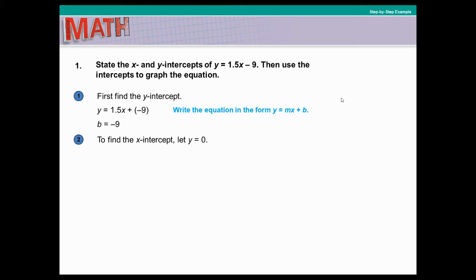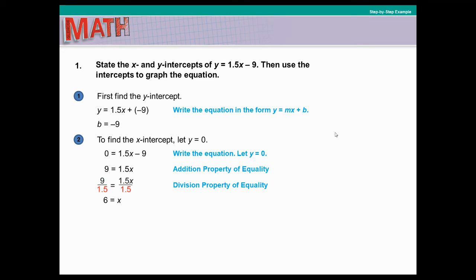Now, to find the x-intercept, again, we said the x-intercept is when y is 0. So take that equation and make it 0 equals 1.5x minus 9. And then solve it algebraically. Add 9 to both sides and divide through by 1.5 on both sides.